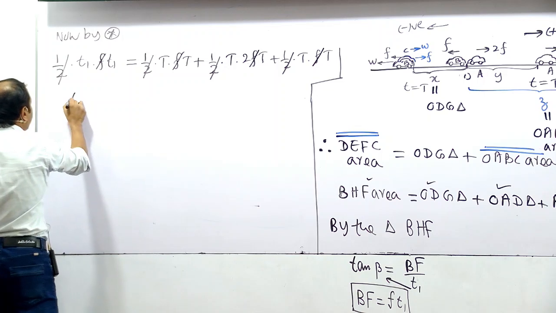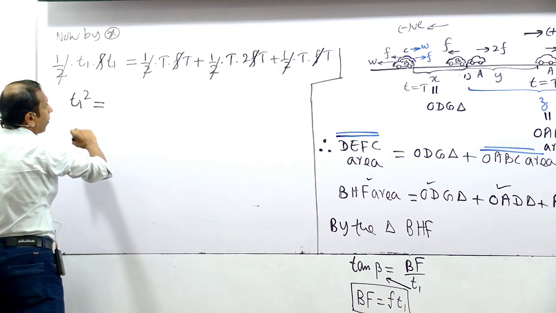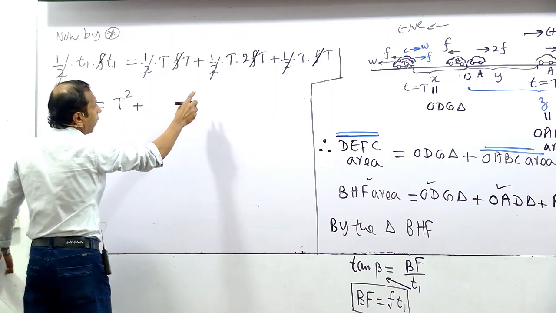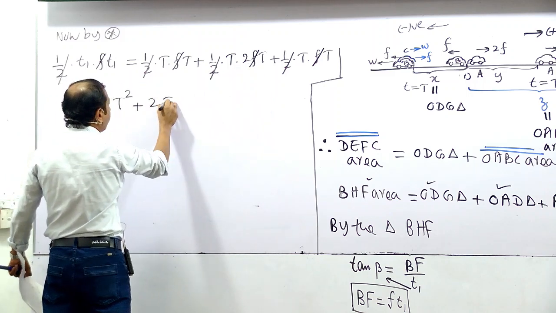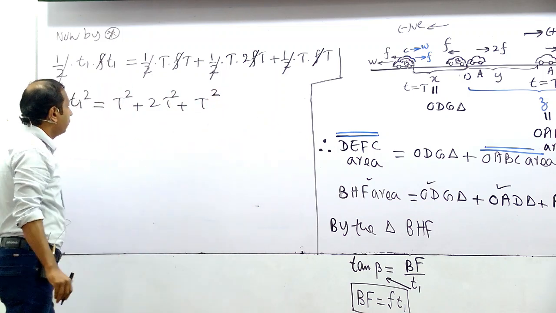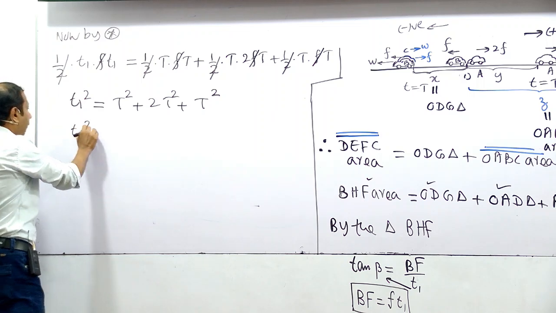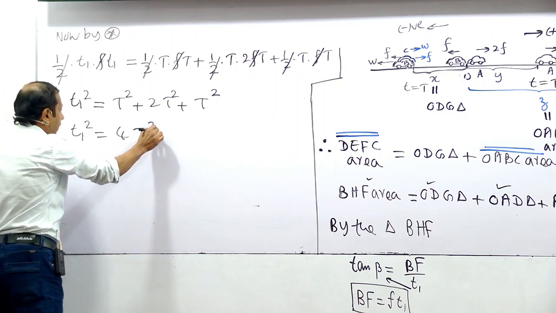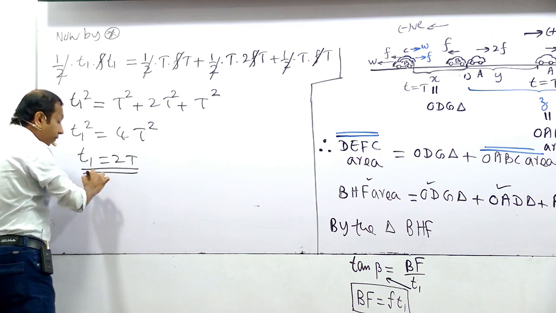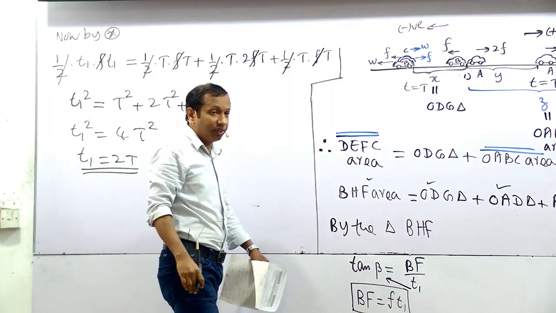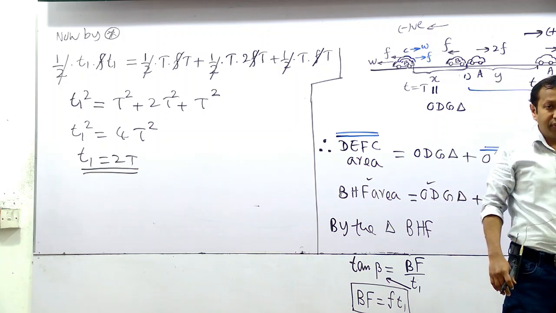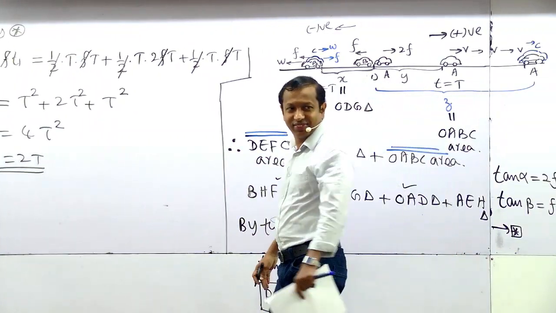Here we get T1 squared, here T and T squared, and here 2T squared, and there T squared. 2T squared, here we get 4T squared. Then T1 is going to be 2T. Right? T1 is 2T. Who got this answer? Yes, good. Right. Got.